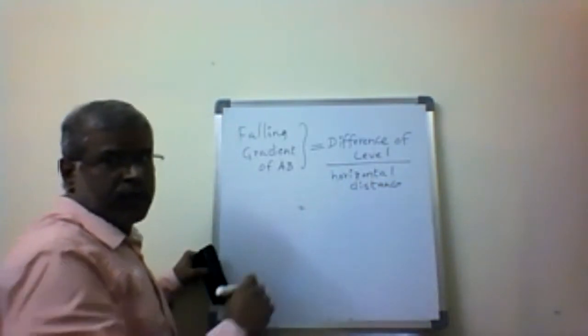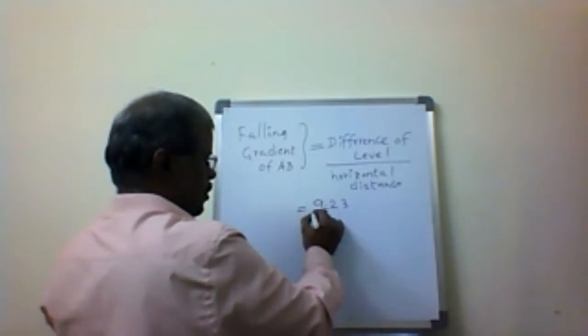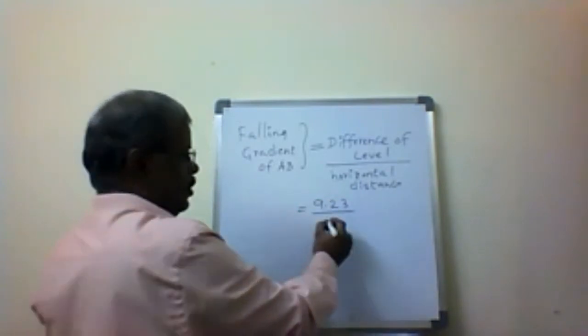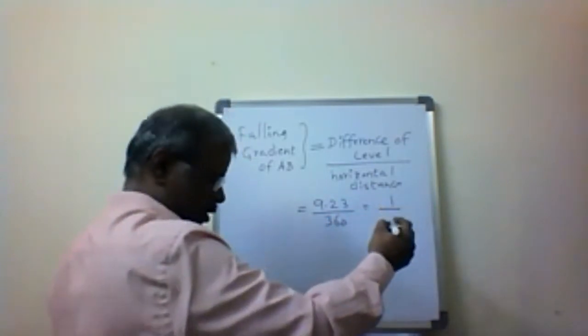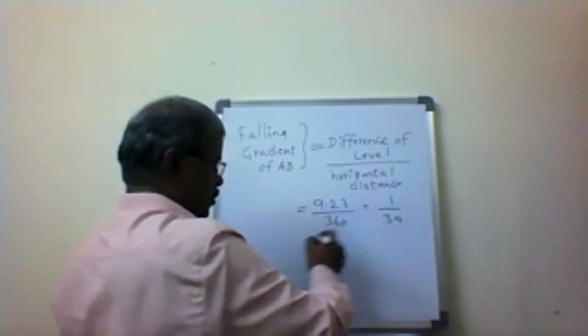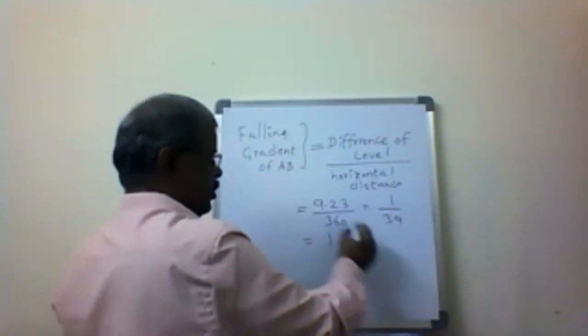The difference of level, we got it, is 9.23. The total is 360. So it will be equal to 1 by 39, or we say 1 in 39.